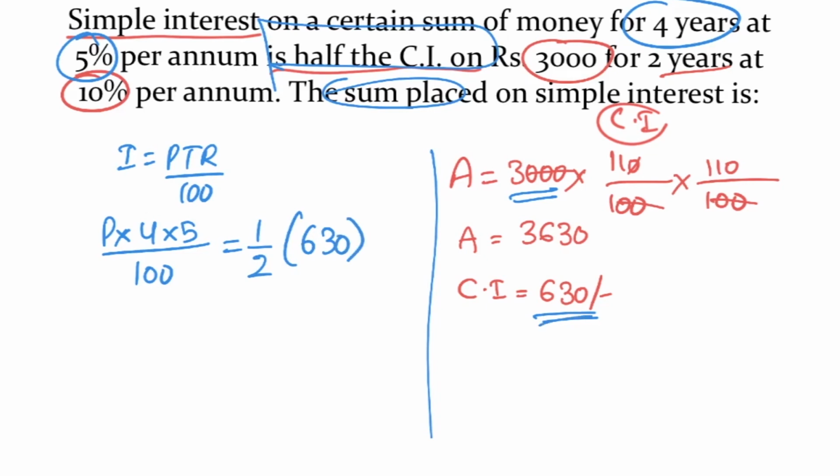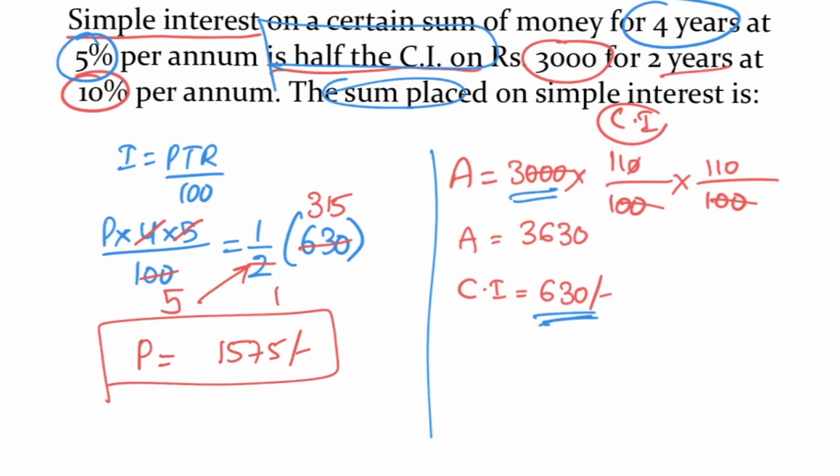Compound interest 630. 4 into 5 is 20. 5 times 100. 2 ones. 2 315 times 630. So principal is equal to 5 into 315, 1575 rupees.